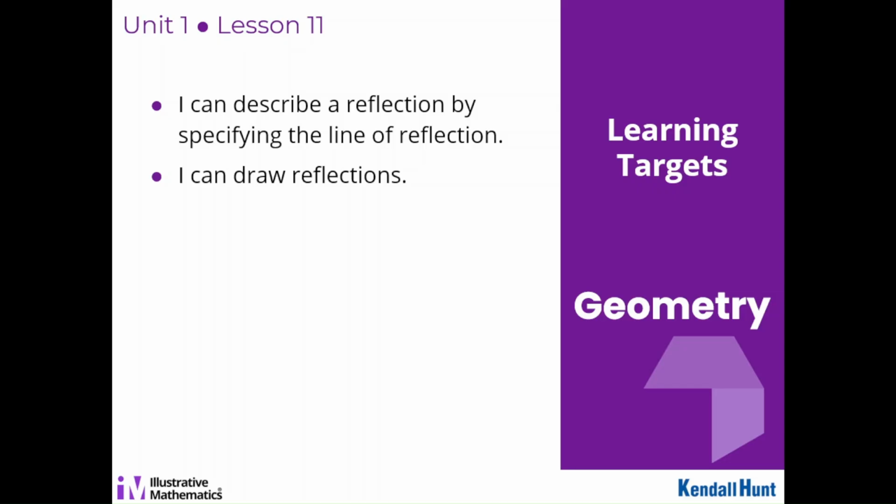And then learning target number 2 is simply I can draw reflections. So your first step is going to be deciding where is that line that you're going to reflect over, and then part 2 will actually be doing that reflection and being able to draw that reflection.